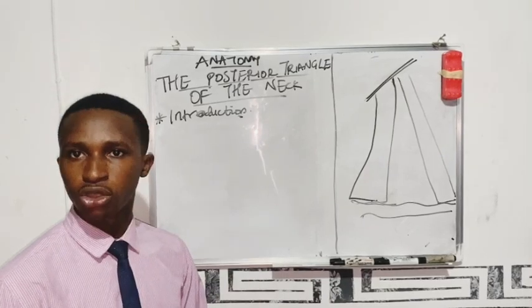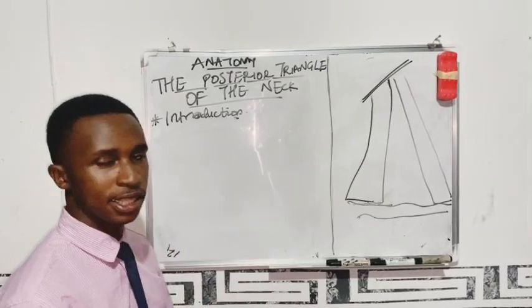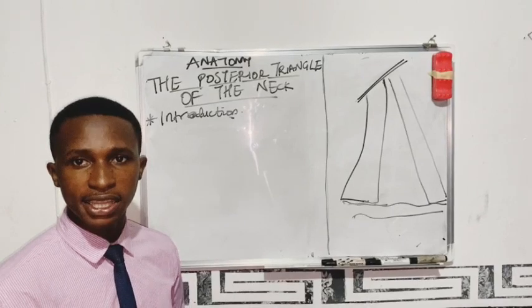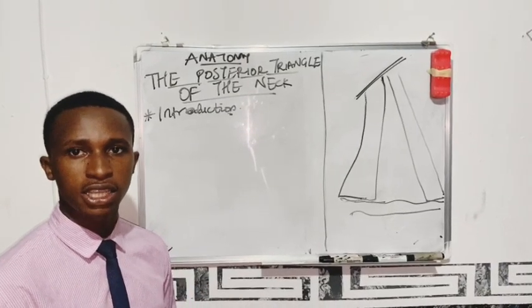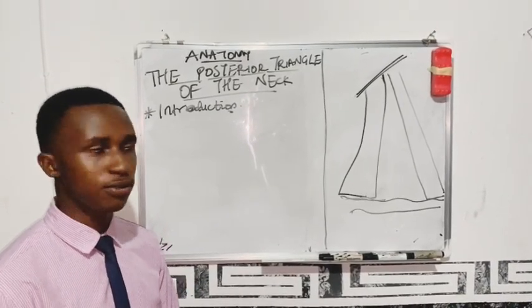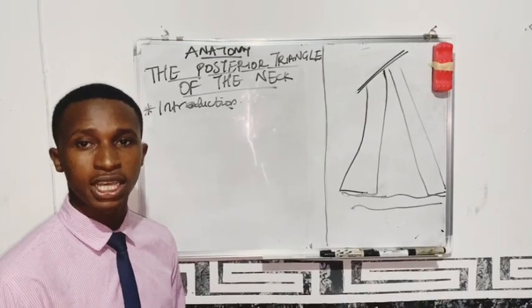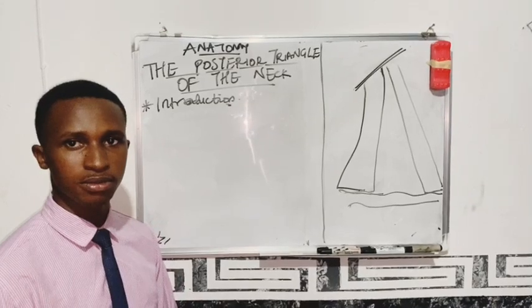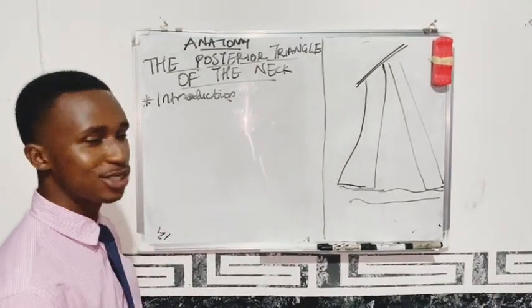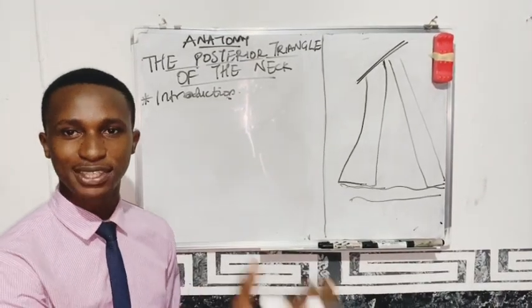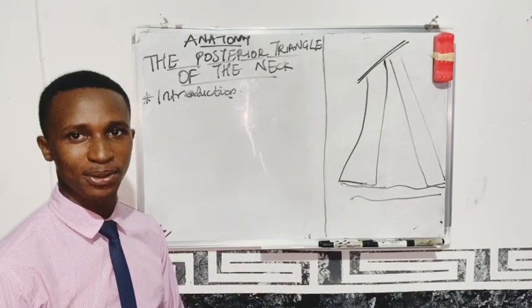Let's talk about the introduction to the posterior triangle of the neck. In the neck, you are going to see some triangles. For example, you'll see the anterior triangle and you also see the posterior triangle. The posterior triangle is so named because it is posterior to the anterior triangle.